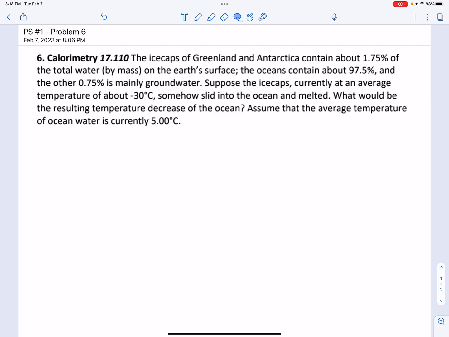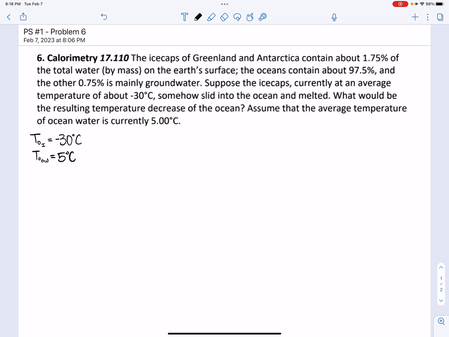Okay, let's start with what is given to us, and that is the initial temperature of the ice caps. That is negative 30 degrees Celsius. It is also given that the initial temperature of the ocean water is 5 degrees Celsius.